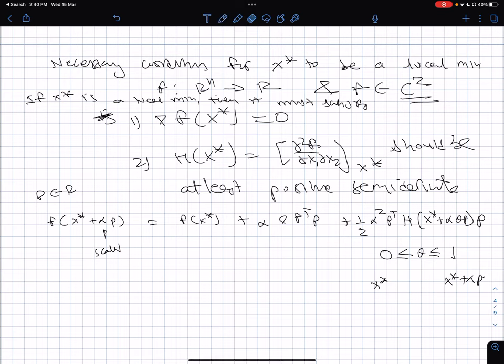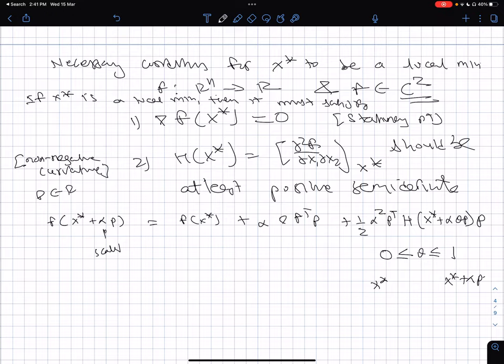The gradient should be 0. This is called a stationary point, and this matrix of second derivatives should be at least positive semi-definite. This is usually known as non-negative curvature, because the second derivative has the curvature information about the problem.